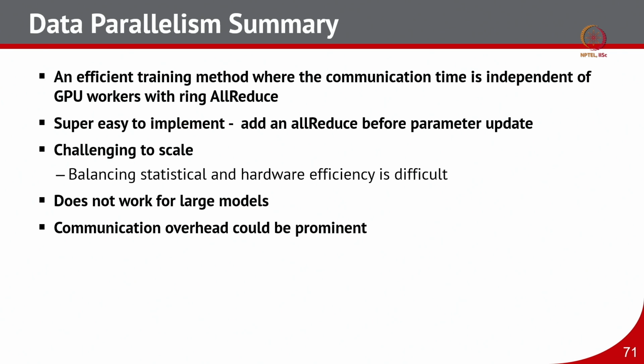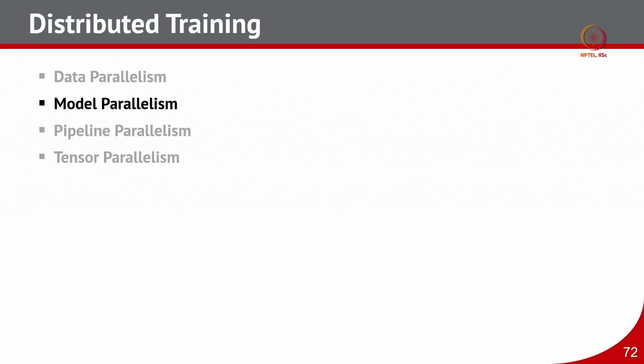Whenever we talk about statistical efficiency, we are talking about the quality of the training, like how the model is converging, what the accuracy per epoch is. So, it is very difficult to balance statistical and hardware efficiency in the case of data parallelism during DNN training, and frankly speaking, data parallelism does not work for large models. For large models the communication overhead becomes very prominent.